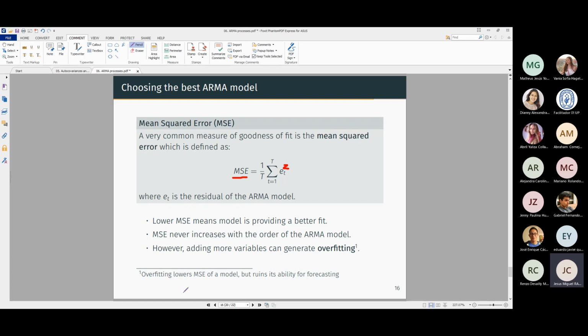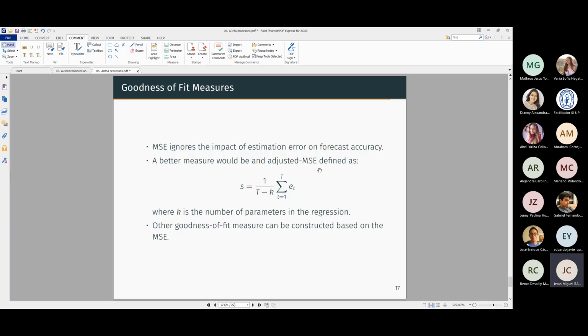So to avoid this overfitting generated by adding more lags in the equation, we have other metrics like the adjusted mean square error. So we penalize the previous metric by dividing the sum of squares by subtracting the number of variables or lags we are using from this guy.